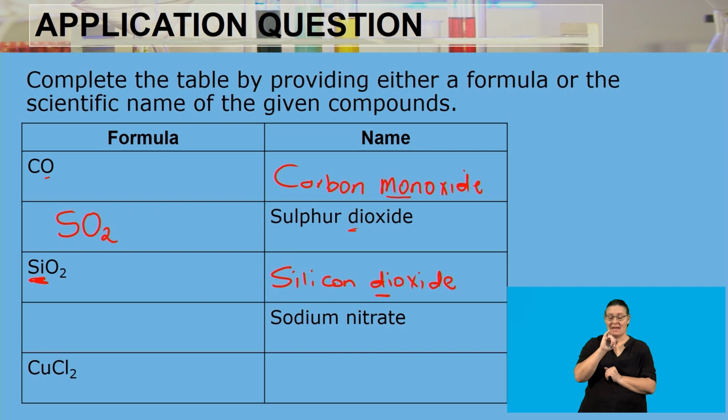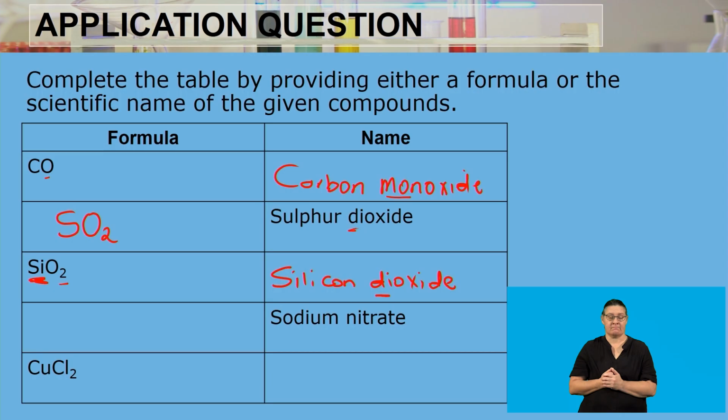Remember the di for the 2 oxygens that we have. The oxygen is going to have the suffix IDE and also the prefix to show how many atoms of oxygen we have.